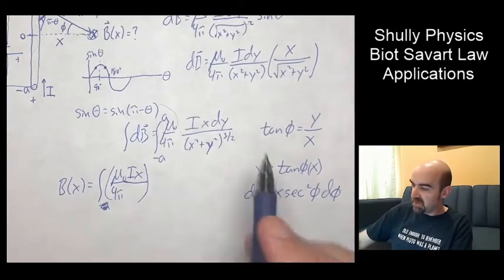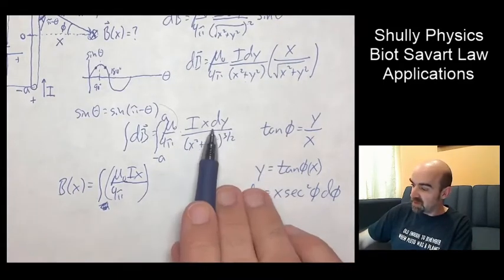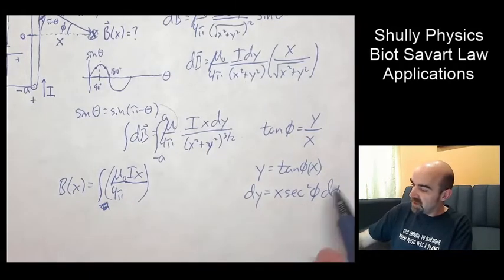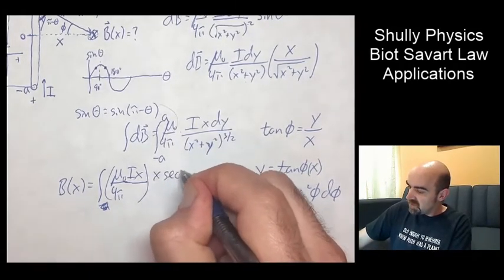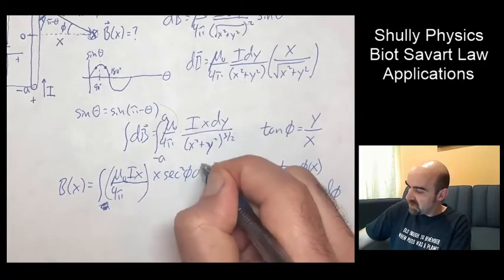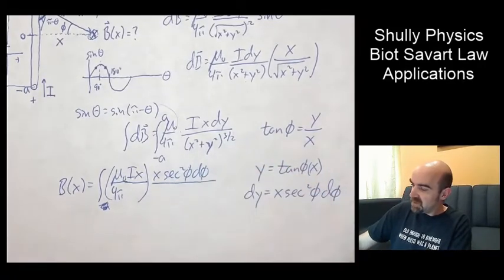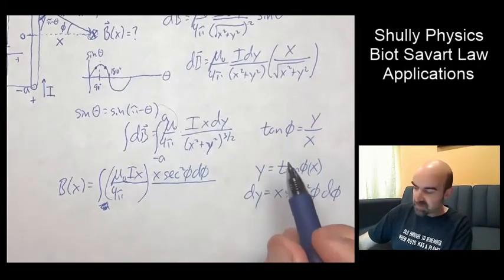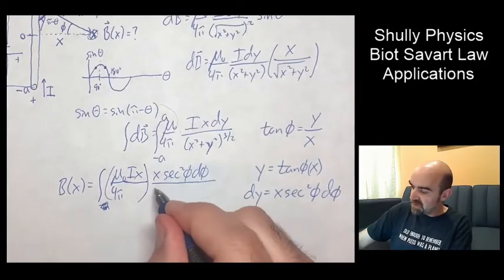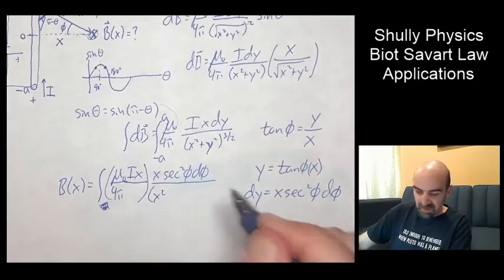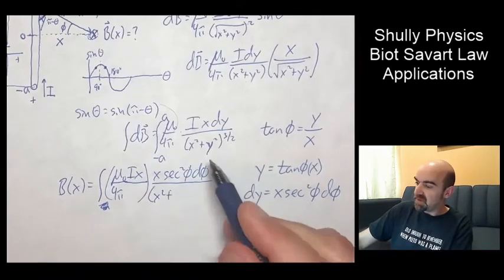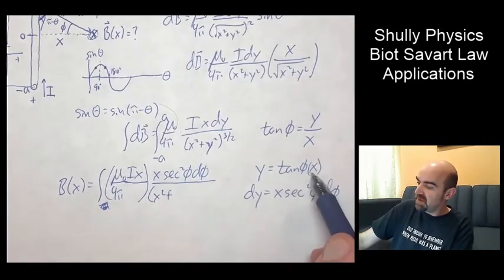Next, instead of a dy, we're going to have x secant squared phi d phi divided by, all right, in here x is still x, so we're going to keep it as an x squared. And instead of y, we're going to have x tan phi.